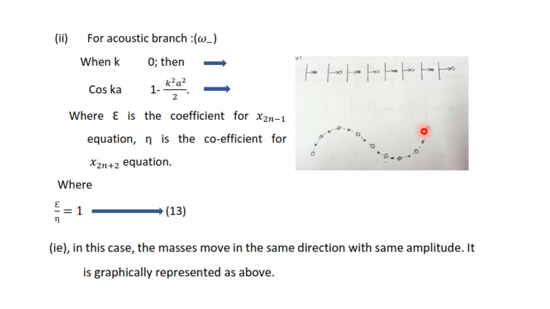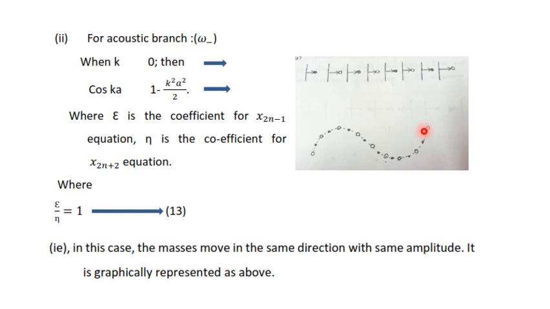Do you understand the difference? On the optical branch, you get a loop-like structure when you connect all the amplitude values. Here, when you connect them, it shows a sinusoidal wave pattern. So this is the acoustic branch. This is what happens in a diatomic lattice placed in one dimension.